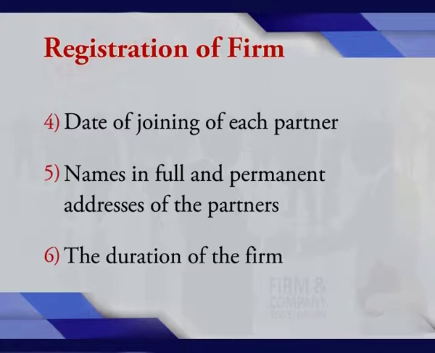The aforesaid statement is to be signed by all the partners or by their agents specially authorized in this behalf. Each partner so signing shall also verify it in the manner prescribed.